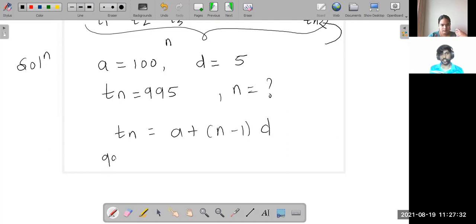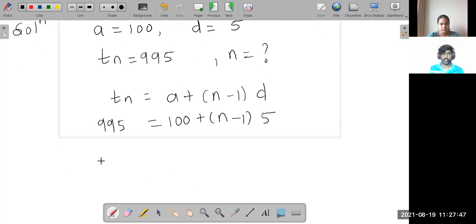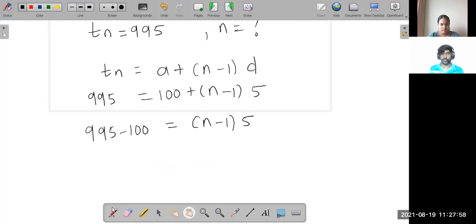Tn is 995, a is 100, n you have to find out, plus n minus 1, and d is 5. Take this 100 to the other side, so it becomes 995 minus 100 is equal to n minus 1 into 5. So 995 minus 100 is 895.